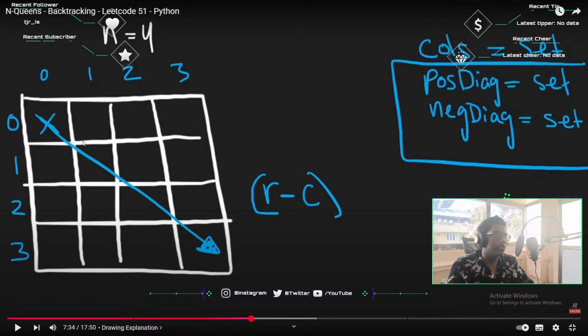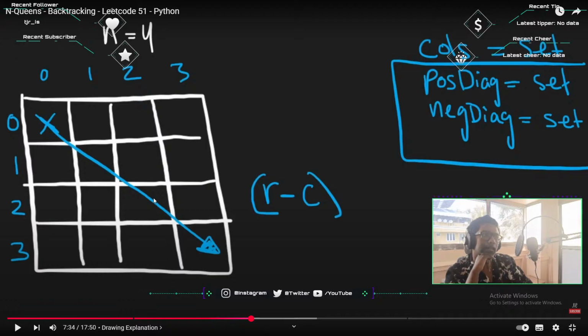And in this case, it's going to be 0, yes. Oh, wait a second. What if we take another one? Let's take this one. 0 minus 1, negative 1. Oh, actually, let's do it the other way around. 1 minus 0, 1. 2 minus 1, 1.